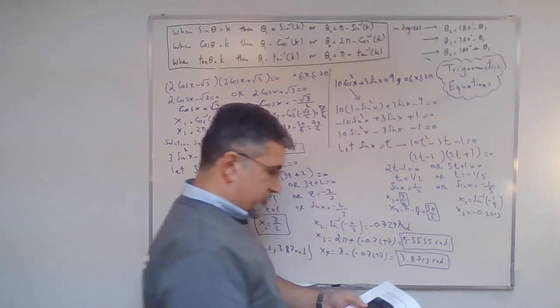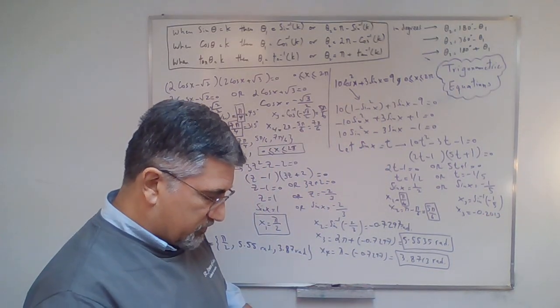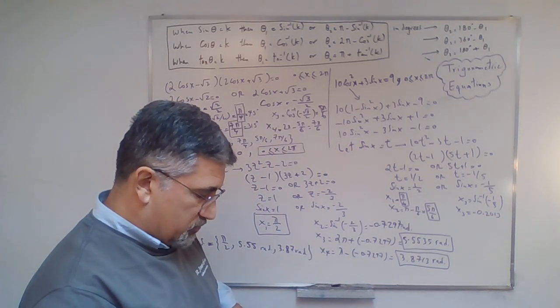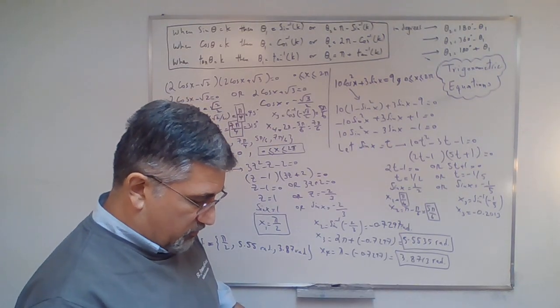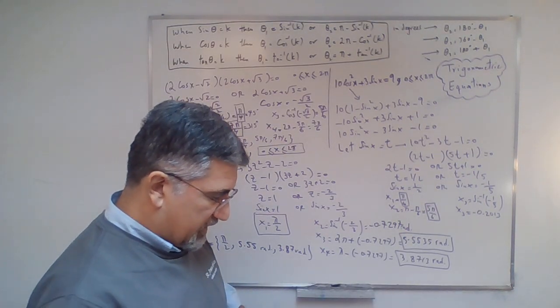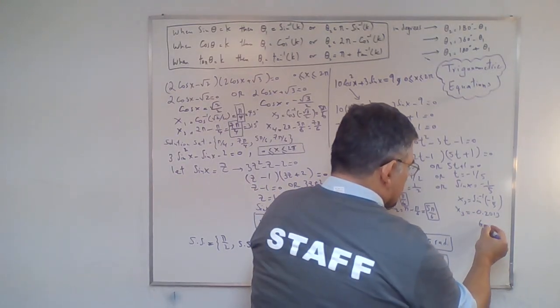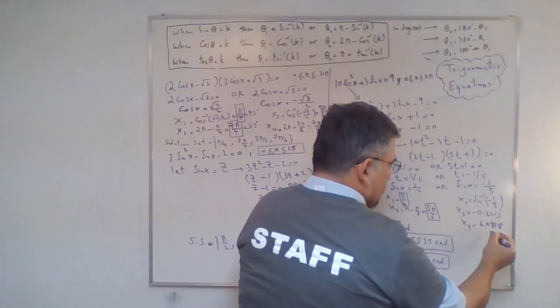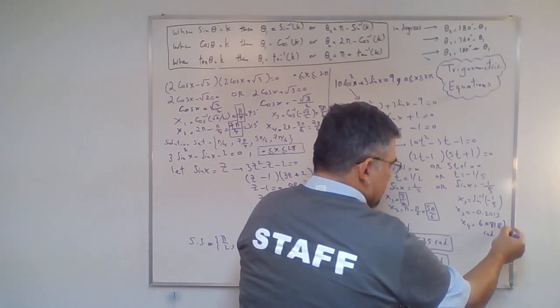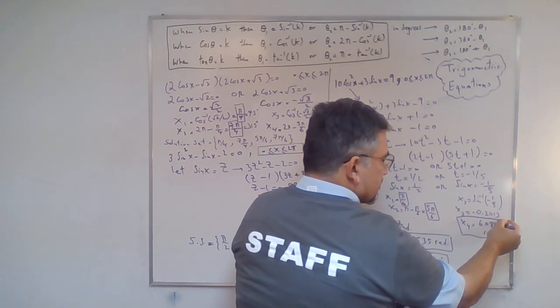This is all in radians. I'm going to add 2 pi, and I end up with 6.0818. This is x sub 4. The answer is in radians. It is less than 2 pi, therefore it's admissible.